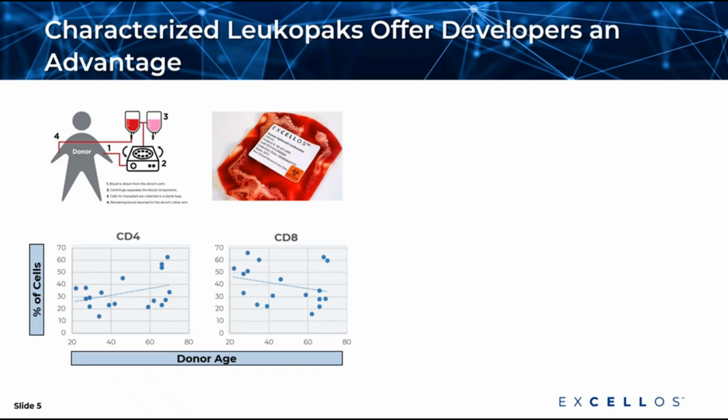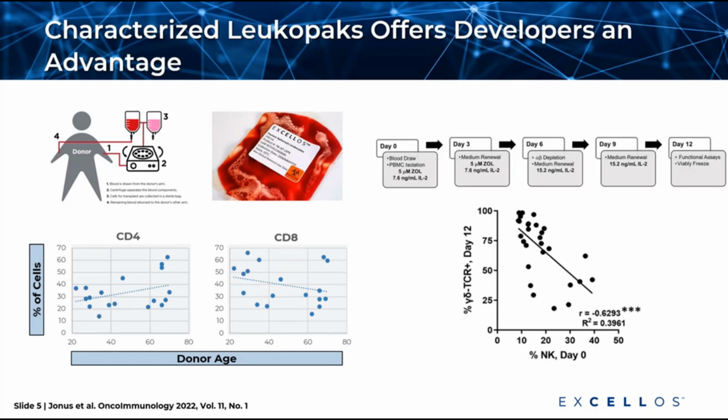And as I'll show in a subsequent slide, we do believe that this type of ratio has been shown in the clinic to impact manufacturing processes. So this is an example of where the cell repertoire is different, not just from donor-to-donor variability, but also with demographic inputs such as age.